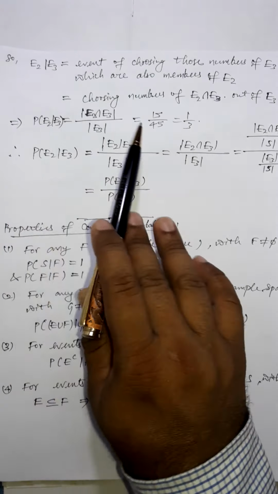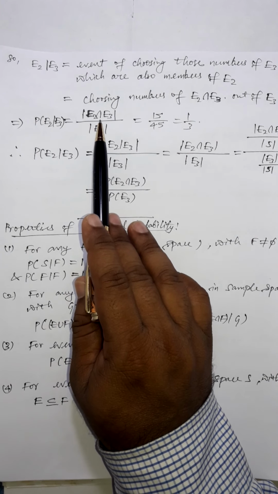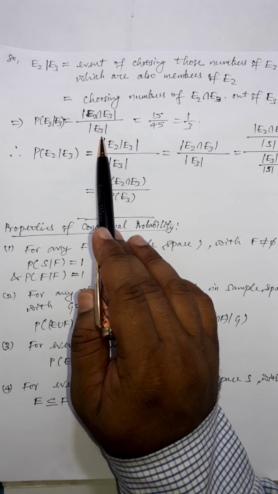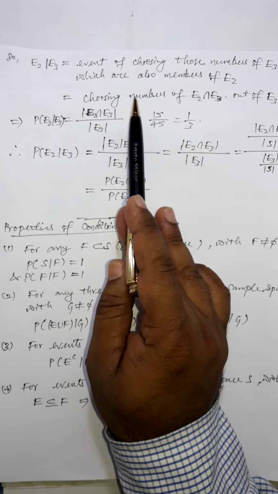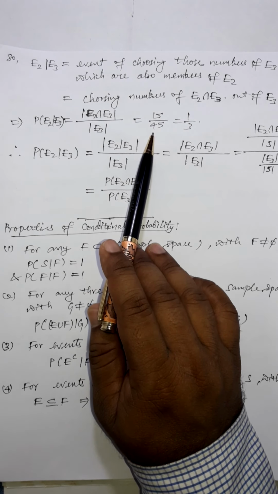So the probability of E2 upon E3 is equal to the size of the intersection of E2 and E3 divided by the size of E3, as we have discussed in this definition, which is equal to 15 by 45, which we have already counted on the previous page. After cancellation you get 1 by 3.